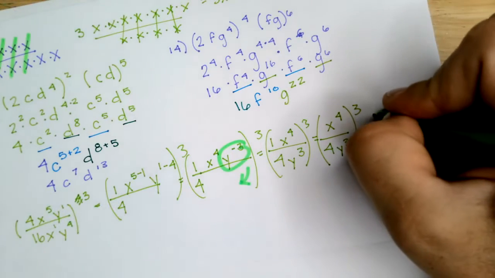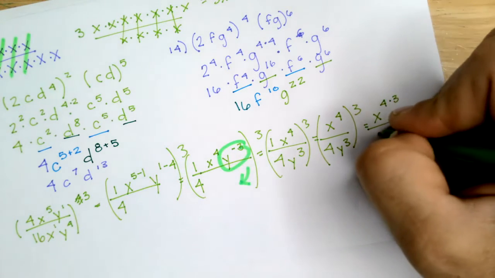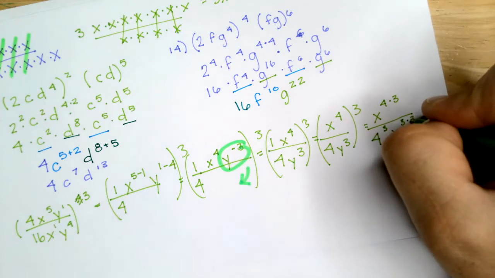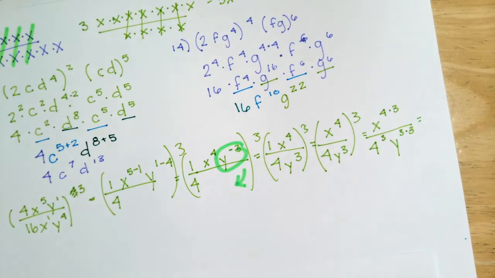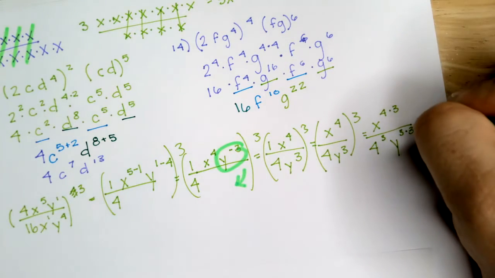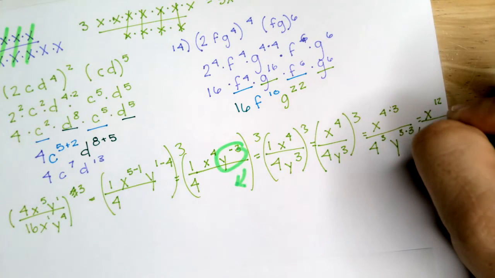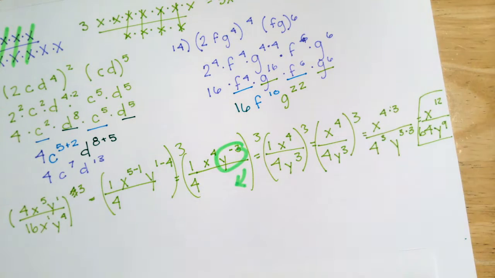So now that is x to the 4 times 3 over 4 to the 3rd power, y to the 3rd times 3. Losing my voice. All right. 4 times 3 is 12. 4 to the 3rd is 64. 3 times 3 is 9. Okay.